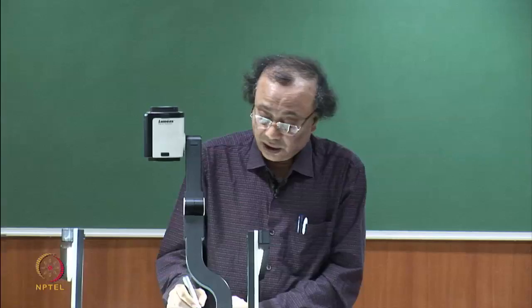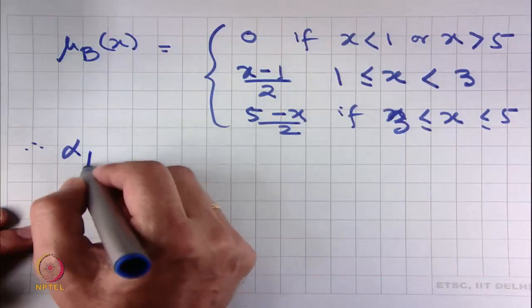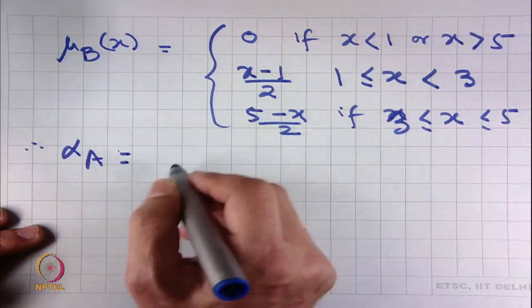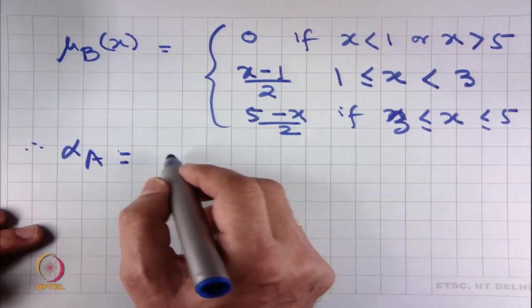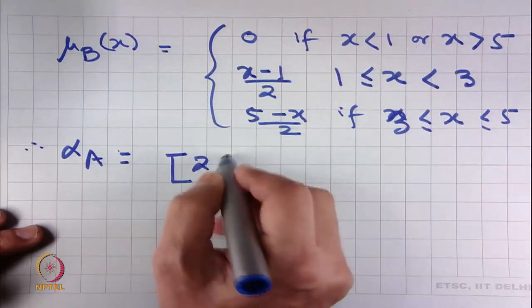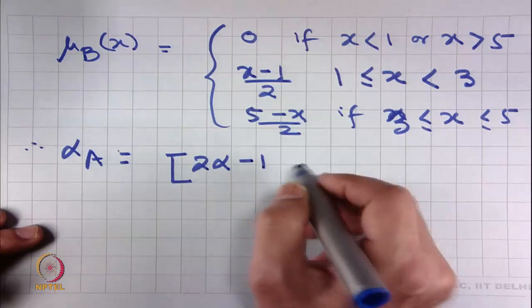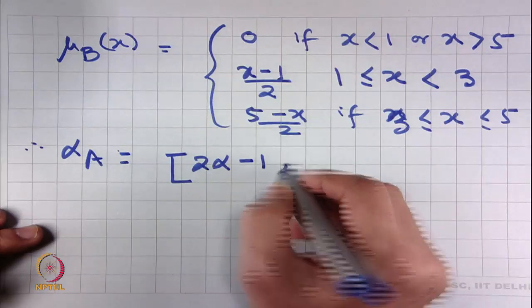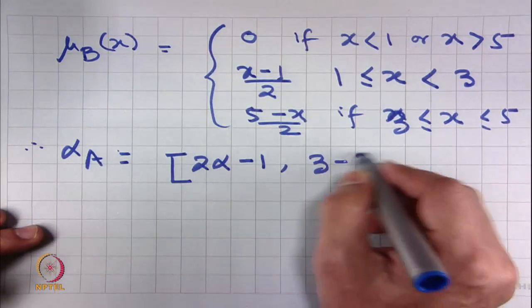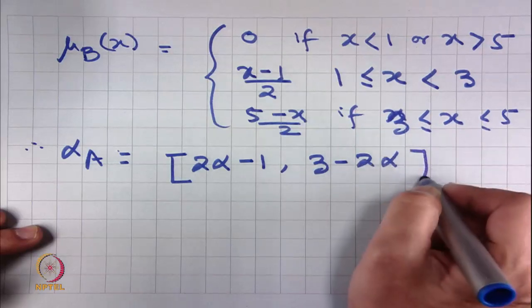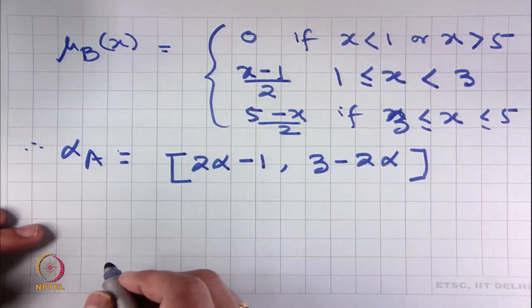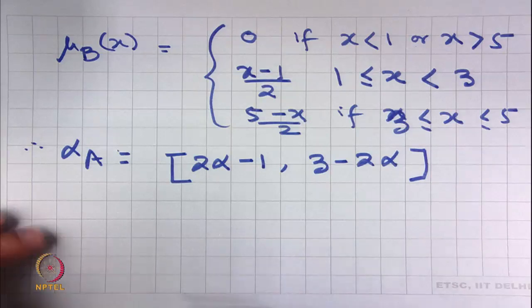Therefore, the alpha cut of A is equal to [2 alpha minus 1, 3 minus 2 alpha]. How do I get it?